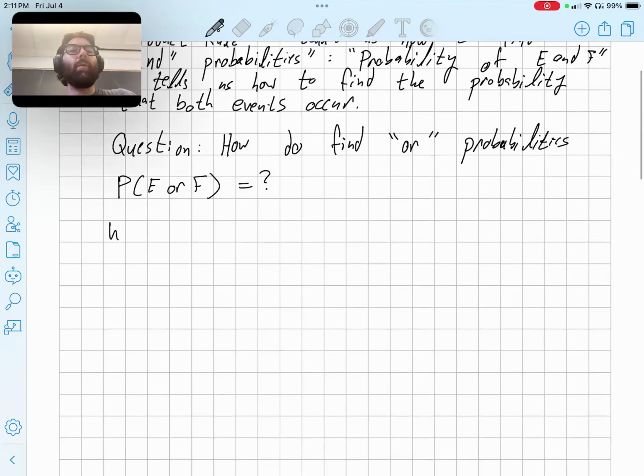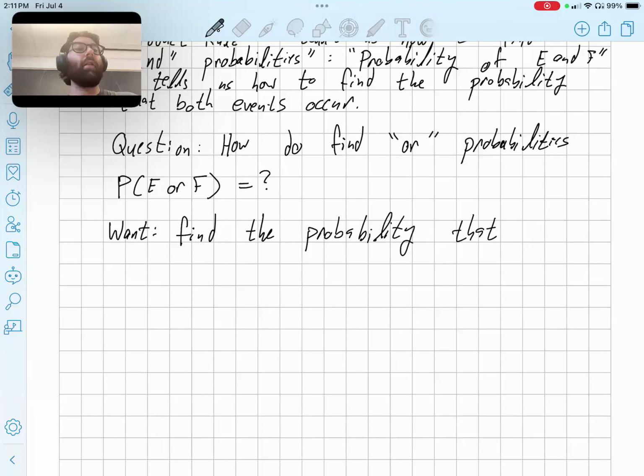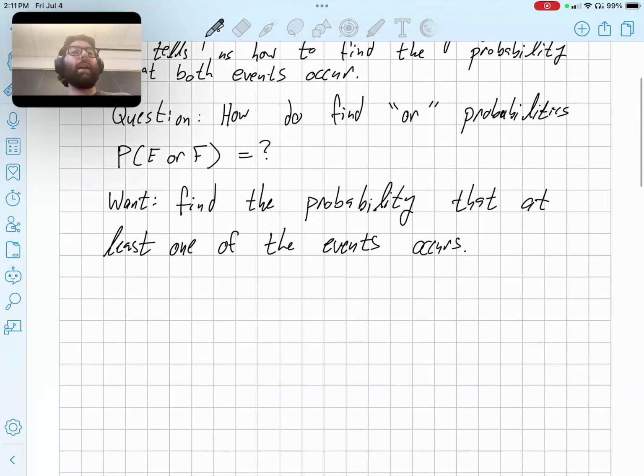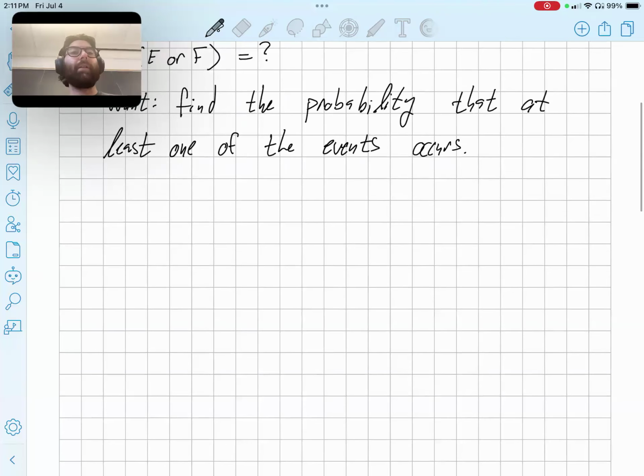What we want is to find the probability not that both events occur, but that at least one of the events occurs. Okay, and so how do we do this?